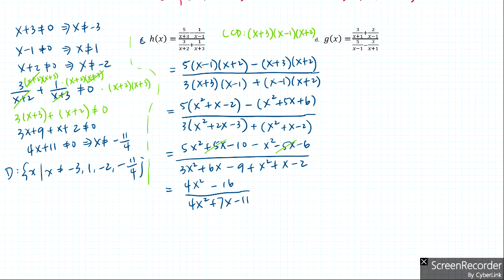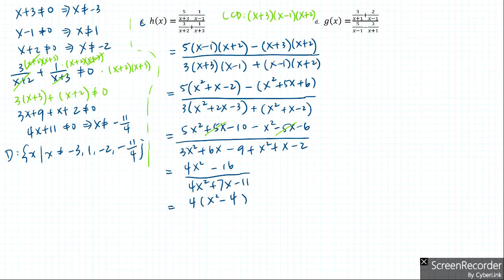Alright, we have some interesting numbers to work with. On top, we notice there's a GCF right away, so that 4 can be factored out, and we're left with x squared minus 4, excuse me, because I factored out the 4. And if you recognize that right away, you can go ahead and factor that as a difference of squares, or you can leave it to the next step.